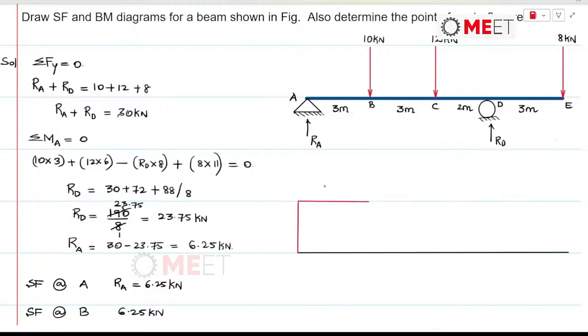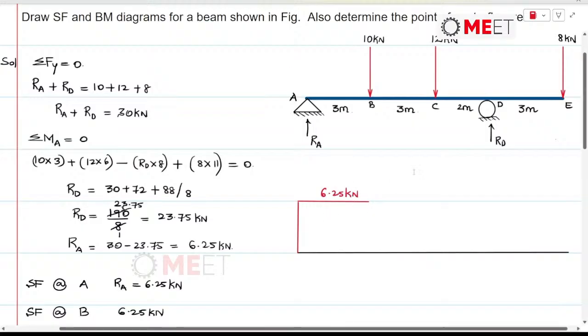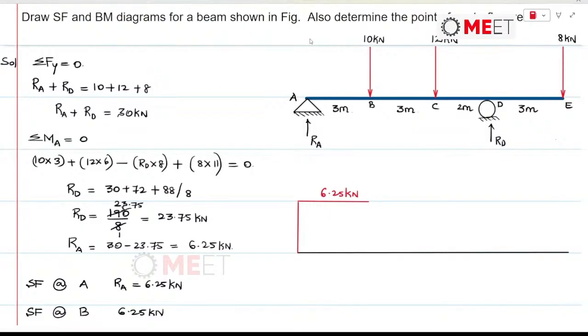So this is 6.25 kilonewtons, and from here it is going to drop by 10, making the net shear force 3.75 kilonewtons.